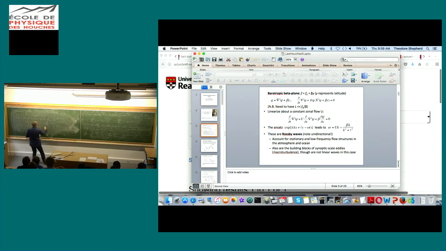It implies that the frequency is omega equals Uk minus beta k over k squared plus l squared. So this is the famous Rossby wave dispersion relation that probably all of you have seen, but maybe there are a few that haven't, because I know there are people working in areas of turbulence that don't necessarily connect to the large scales.